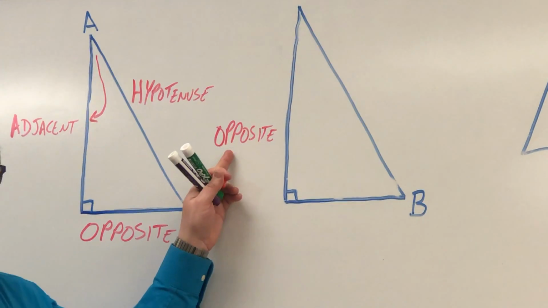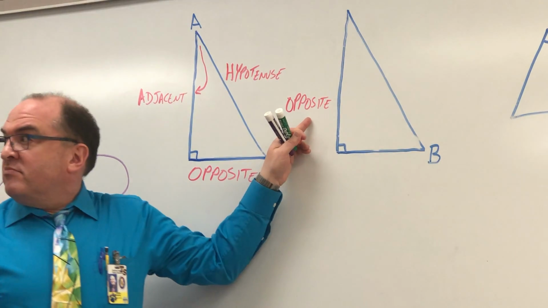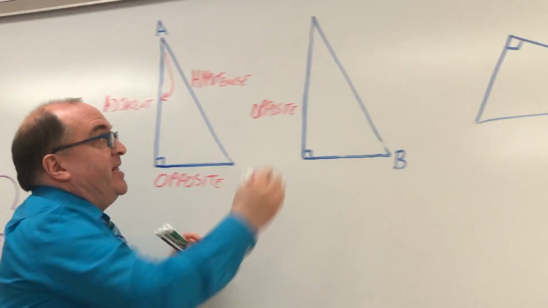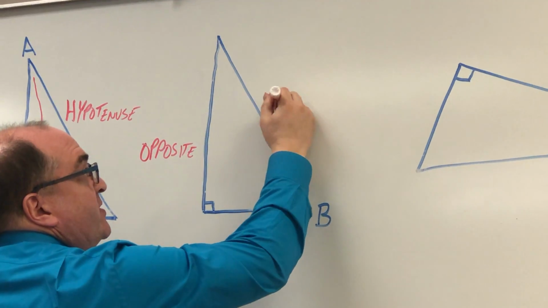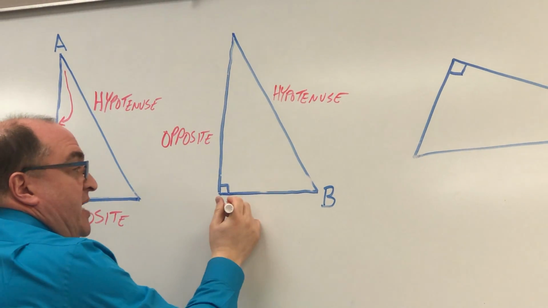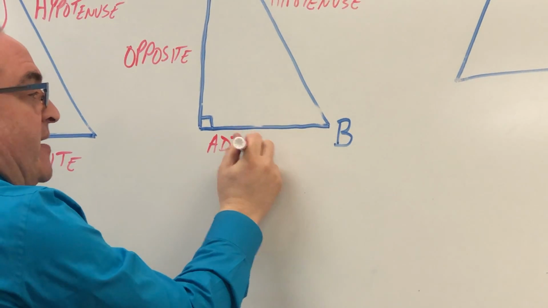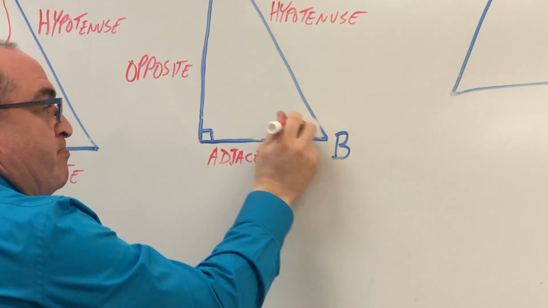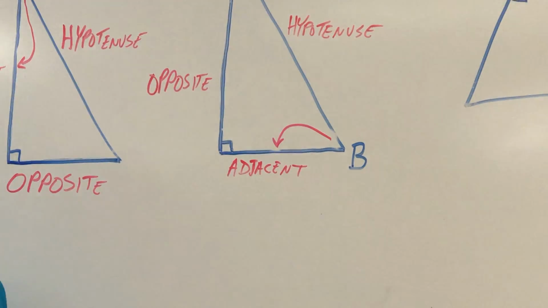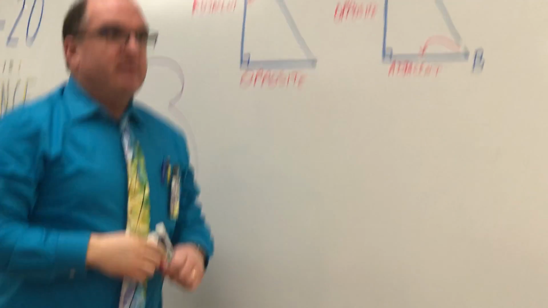This is opposite angle B. And this is still the hypotenuse. And this here now is the adjacent side, next to angle B. Is everyone okay with that? Can I have a nod, please? Does that make sense?